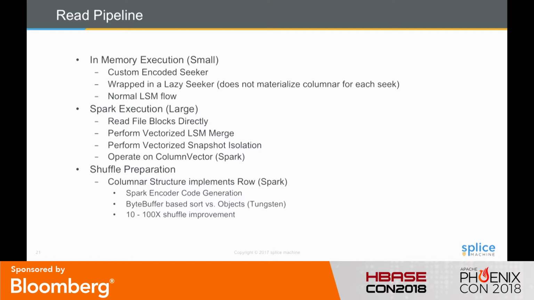We wrap it in a lazy seeker because all over HBase it'll say seek, seek, seek, but you don't want to be unwinding the columnar structure until you need to present it. And then we just run through the normal LSM flow, because you don't need that kind of performance on give me 4 or 5 rows.